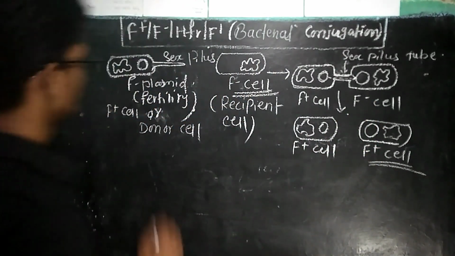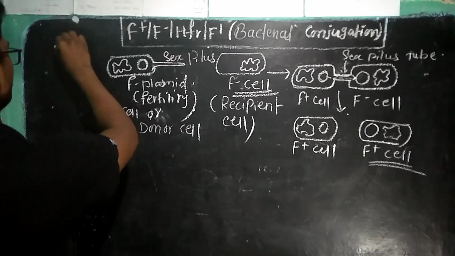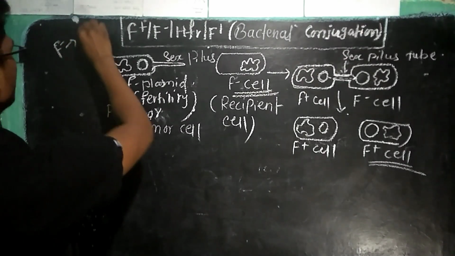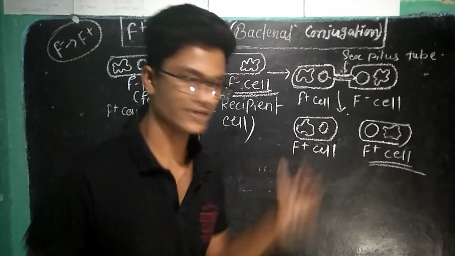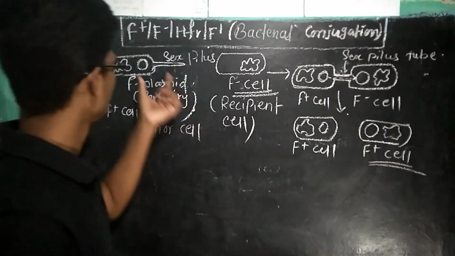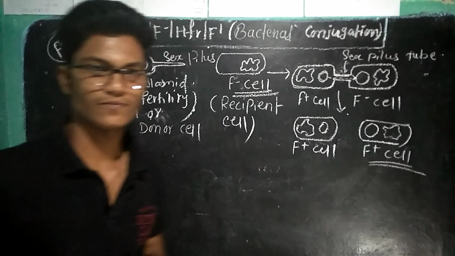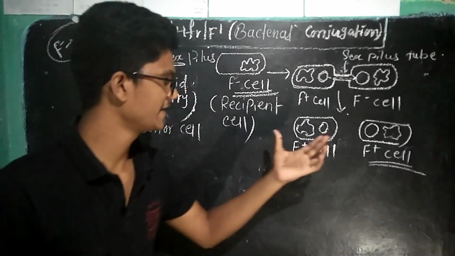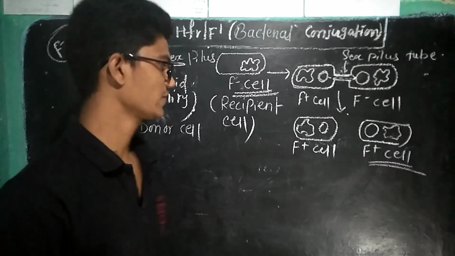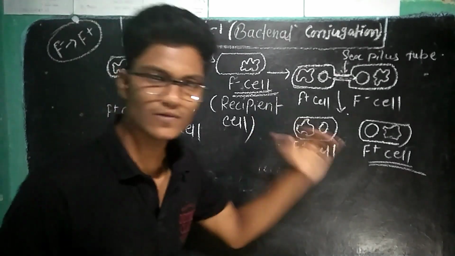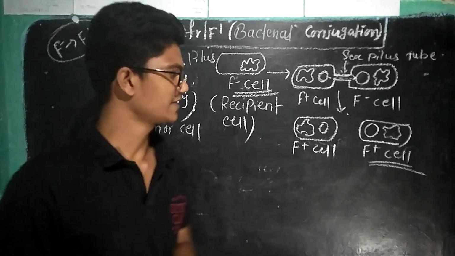So this is the first type of recombination. From the F plus by F minus cross, we get F plus as the new recombinant. This is the first possibility that we have.